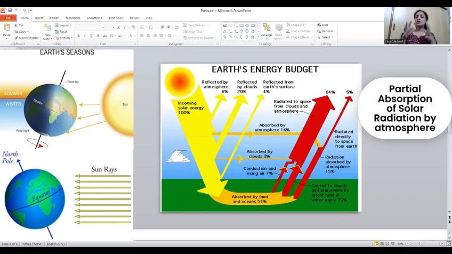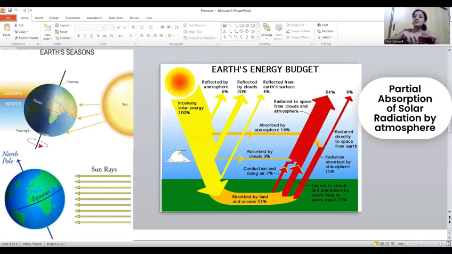So now, what is solar radiation? It describes the power emitted by the sun. And insolation, on the other hand, refers to the amount of solar radiation reaching the planet. That's the difference. However, as the sun's rays flow through the atmosphere, the upper layer of the atmosphere absorbs some of the heat.